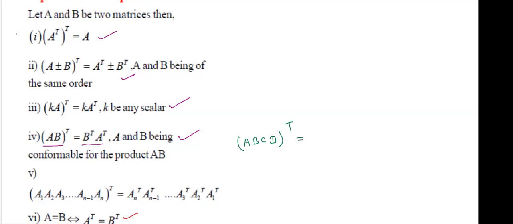Then how to write? D transpose, C transpose, B transpose, A transpose. This is also the same, only in reverse order. Write that first: An transpose, An minus 1 transpose, and so on, A1 transpose. Okay.